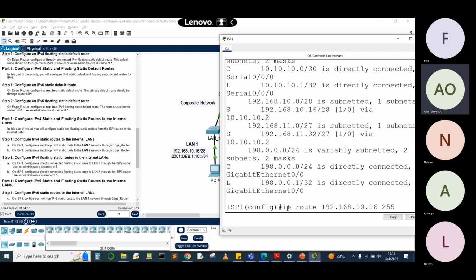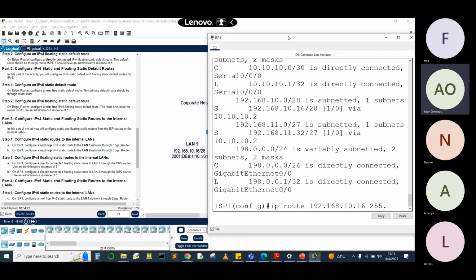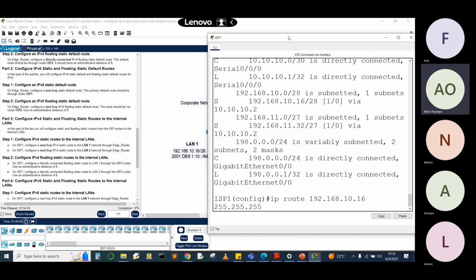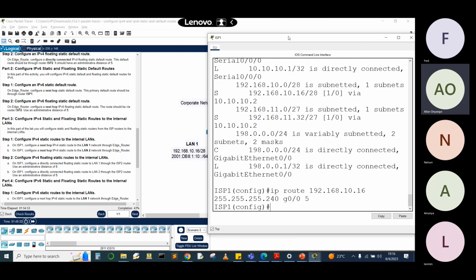Subnet mask is 255.255.255.240, /28. And then I need to put the exit interface, so it's G0/0. And then I need to put the AD of 5 here. Very important, because this is what is called a floating static route. Okay. So I press enter and I have 43 marks already.